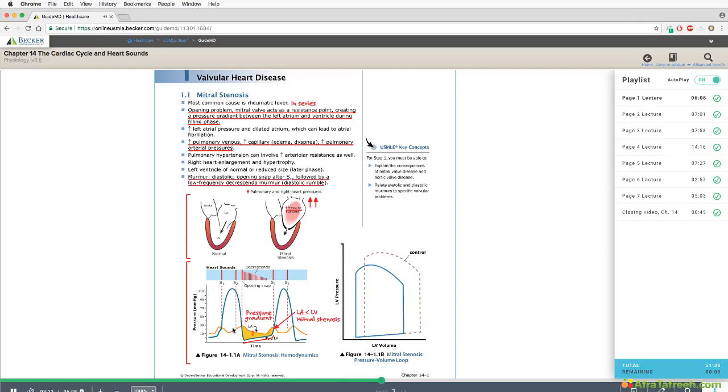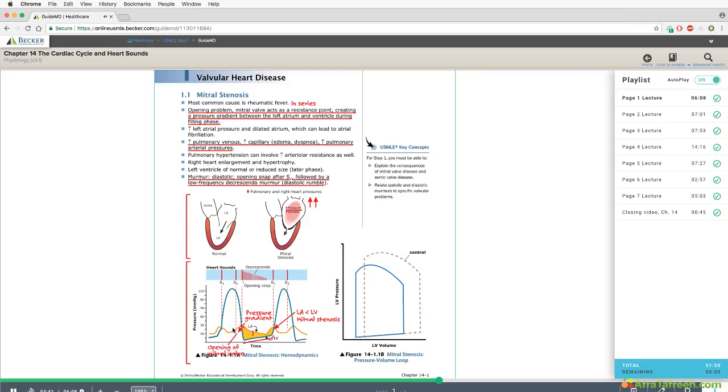Now, they're very big on murmurs. You can just memorize the details, but again, if you work out the cardiac cycle, you can figure out exactly where the murmur should start. Now, the murmur is an opening problem of the mitral valve. So you say to yourself, where does the mitral valve open? It opens normally at this point here. This is S2.